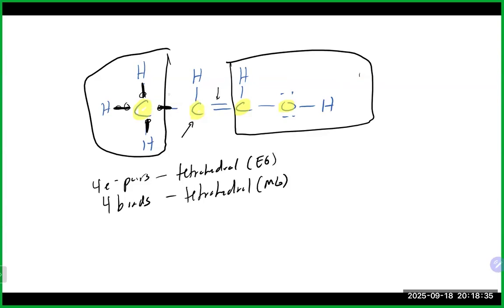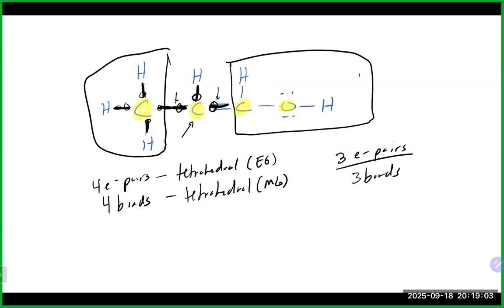Once again, this counts for that guy as well. So this has 1 electron pair. This double bond counts as 2 electron pairs. And this one counts as 3 electron pairs. And in terms of bonds, this has 1 bond, 2 bonds, and 3 bonds here.